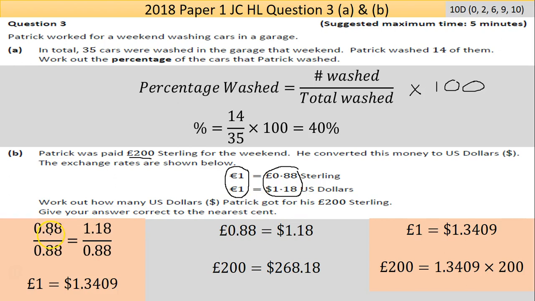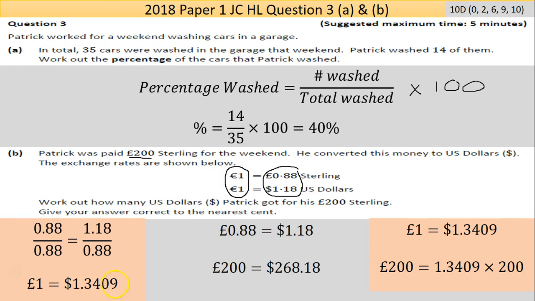Mathematically, the only way to convert the 0.88 into 1, which would represent £1, is to divide it by itself, and that gives 1. With algebra, if I do that to one side of an equation, I must do that to both sides to maintain balance. So I end up with £1 equals $1.34.